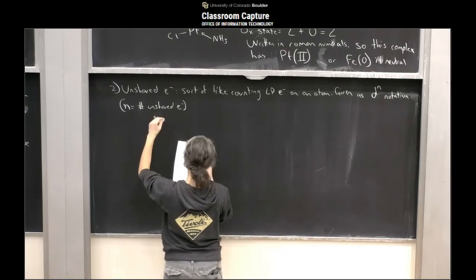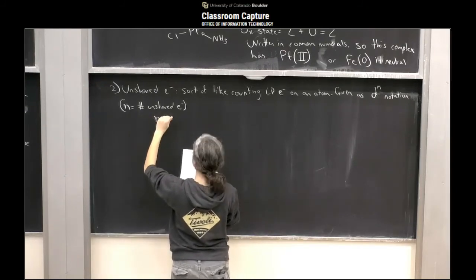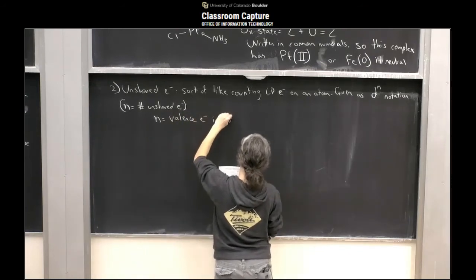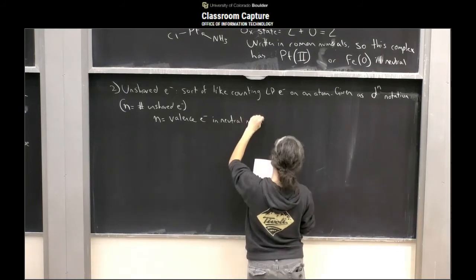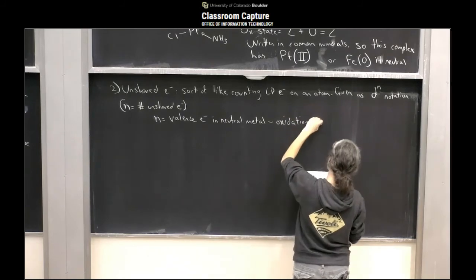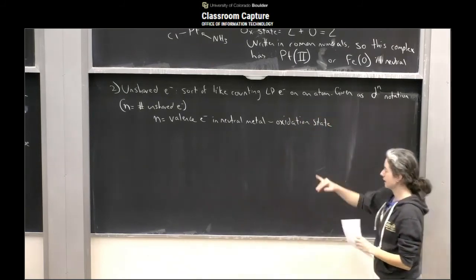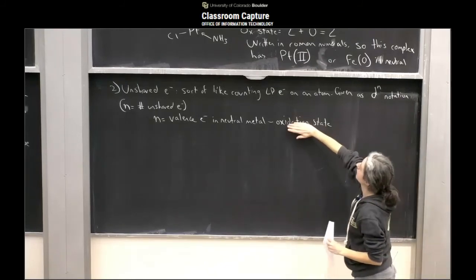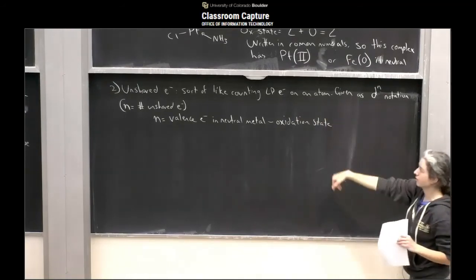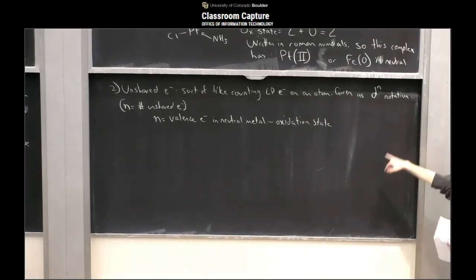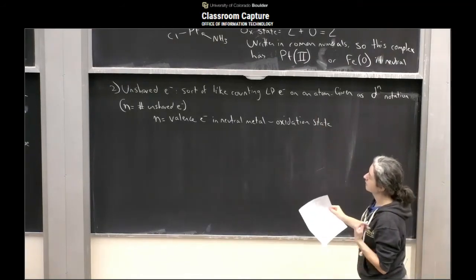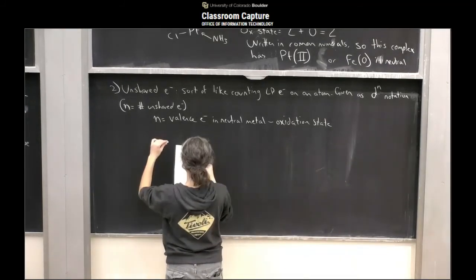So n is the number of valence electrons in the neutral metal minus the oxidation state. If you want to calculate n from scratch, you can plug the whole formula for oxidation state in here, but usually you're running through all 3 of these at once, so you've already figured out the oxidation state by this point.